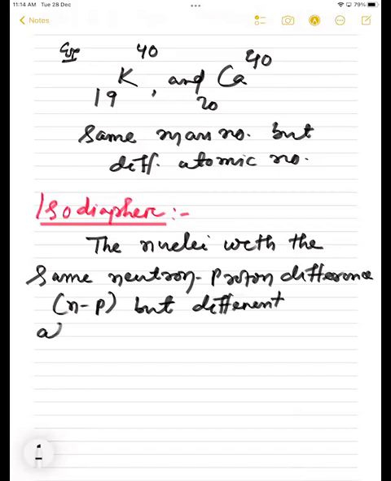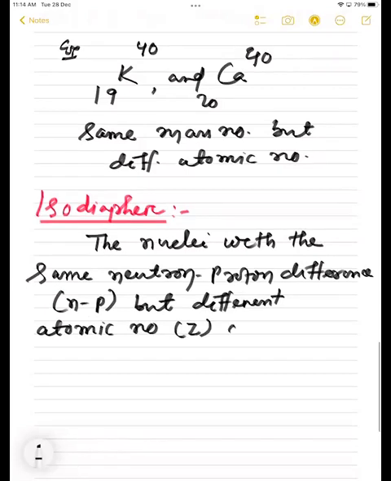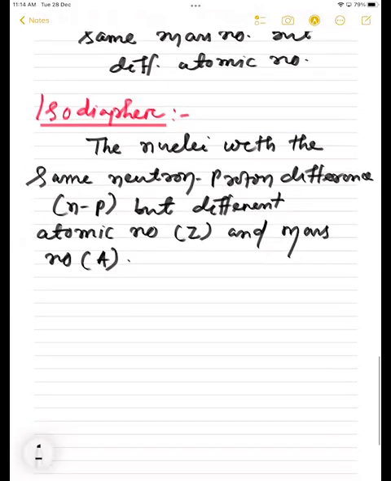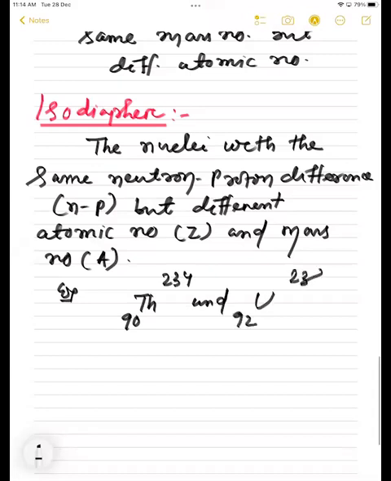But different atomic number, correct? And mass number. Different atomic number and mass number A are known as isodiaphers. For example, thorium 90 234 and uranium 92 238.